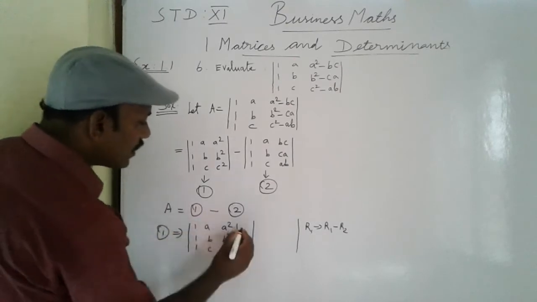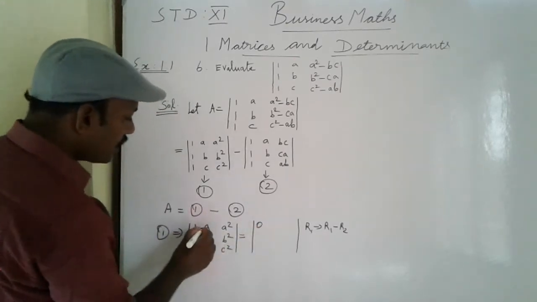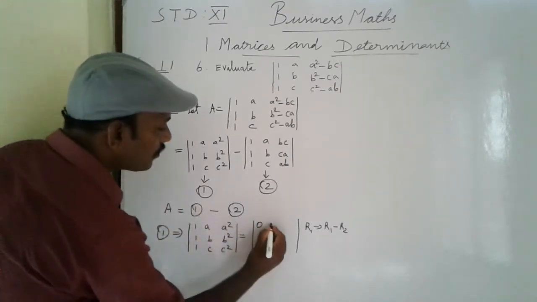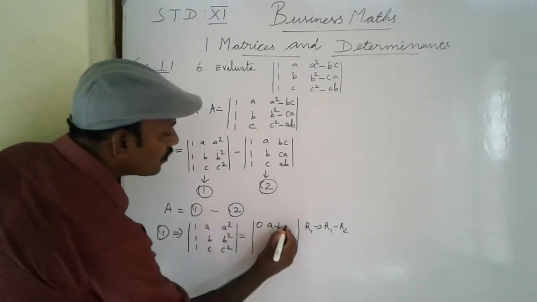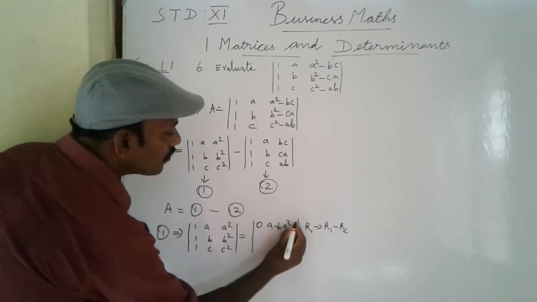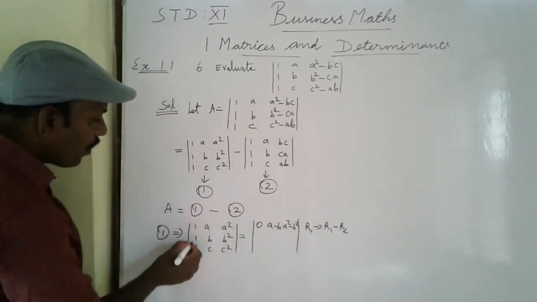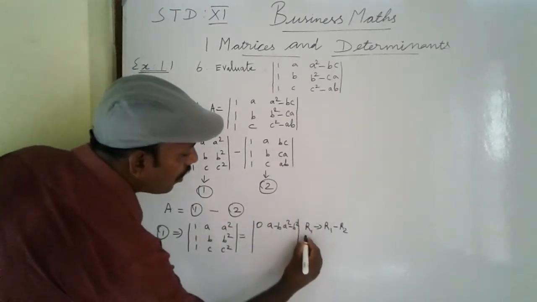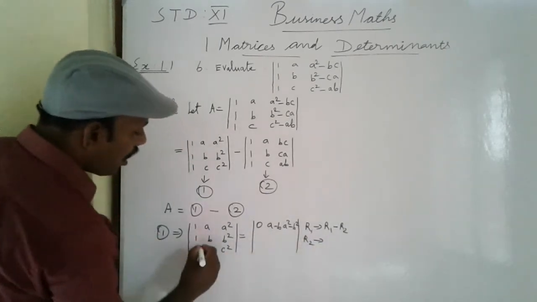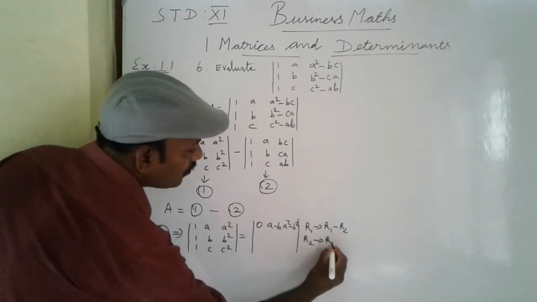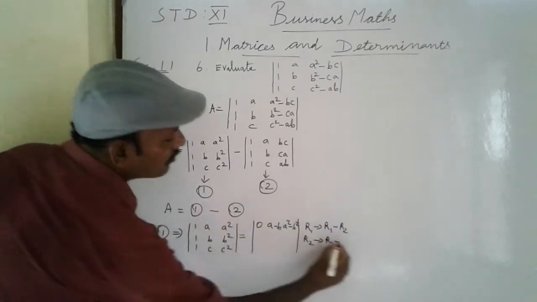1 minus 1 is 0. Next, a minus b. a square minus b square. Next condition is R2, row 2, we should take R2 tends to R2 minus R3.